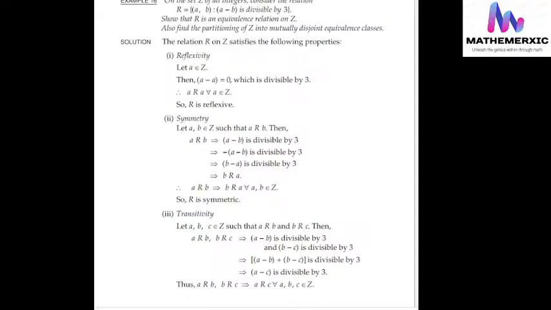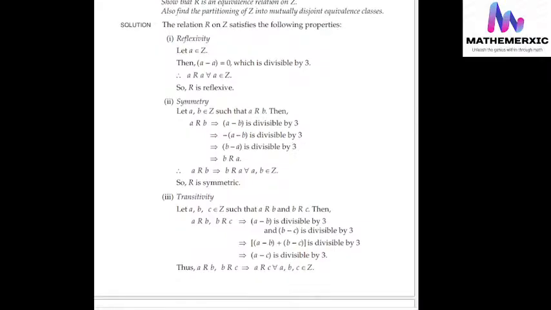Therefore a is related to a for all a belonging to Z, so R is reflexive. Symmetry: let a, b belong to Z such that a is related to b. Then a minus b is divisible by 3, so minus of this, b minus a, is divisible by 3, and b is related to a. So it is symmetric in nature.